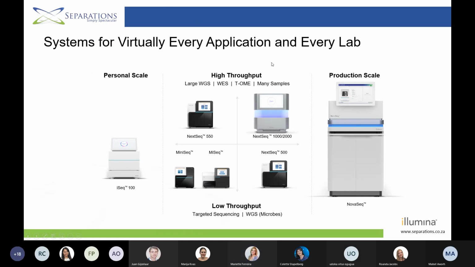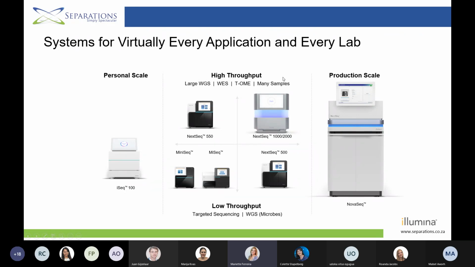Just to give you a bit of an overview of some of the systems we have discussed and some of the applications on the systems. If we look at our lowest throughput targeted sequencing methods, we would go for something like a MiniSeq, MiSeq, or a NextSeq 500 or 550.